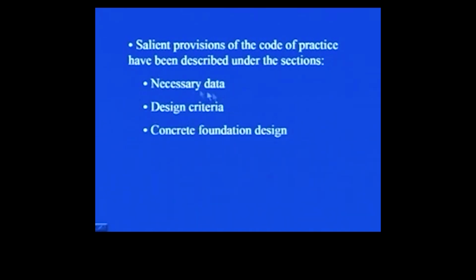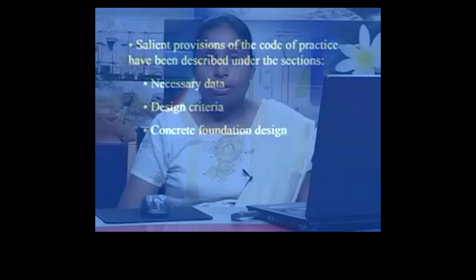Then there were some design criteria like resonance should not be reached, and the amplitude should be within permissible limit, and then there were some limitations set on vibration amplitude to avoid damage of machinery, to avoid damage of neighboring buildings, to avoid discomfort to the persons, and to avoid excessive settlement.